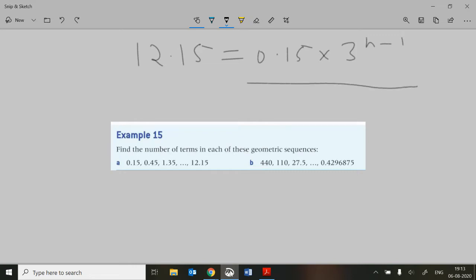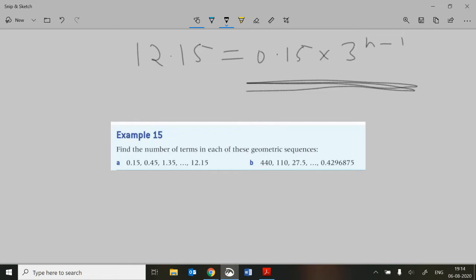Now, you can actually type this into your TI, Texas Instruments Inspire CX calculator, or whatever calculator you've got should be able to give you a spreadsheet where you can put a formula in at the top.